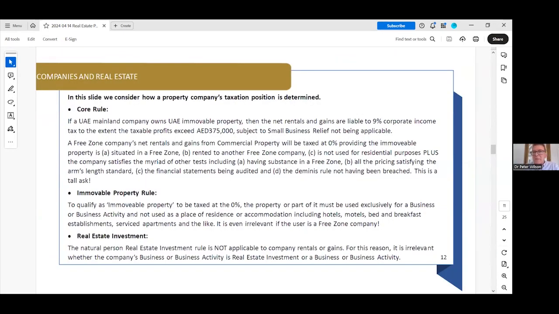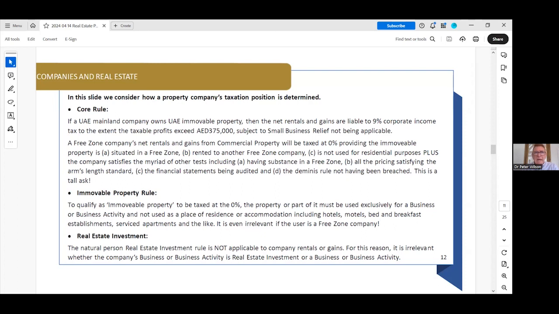Before I move on to companies, I just want to summarize natural persons. The cabinet decision says that if a natural person is carrying on a real estate investment activity that is not a business or a business activity that requires a license to conduct, then the gain won't be taxable.